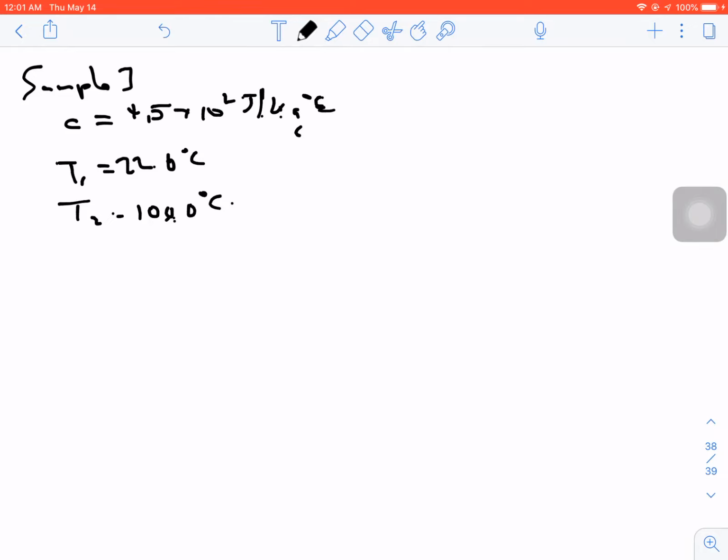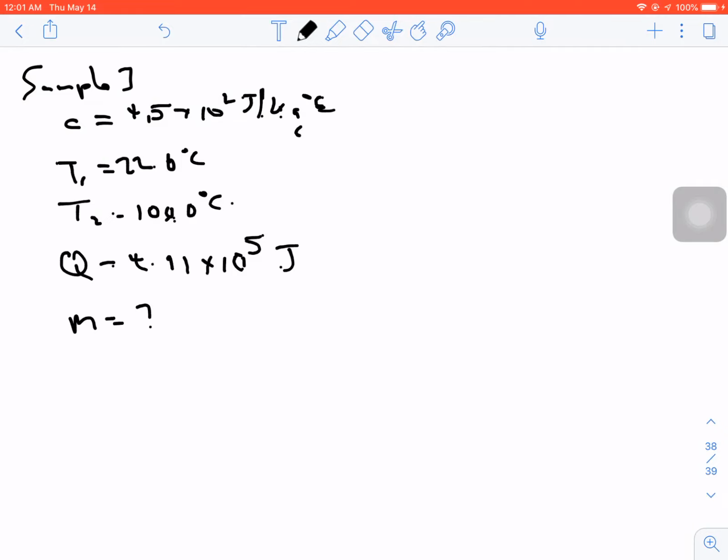And we are told the amount of energy that's going to be required to do this is 4.91 times 10 to the power of 5 joules. Okay, so there's Q. I'm trying to solve for what mass is the iron block.